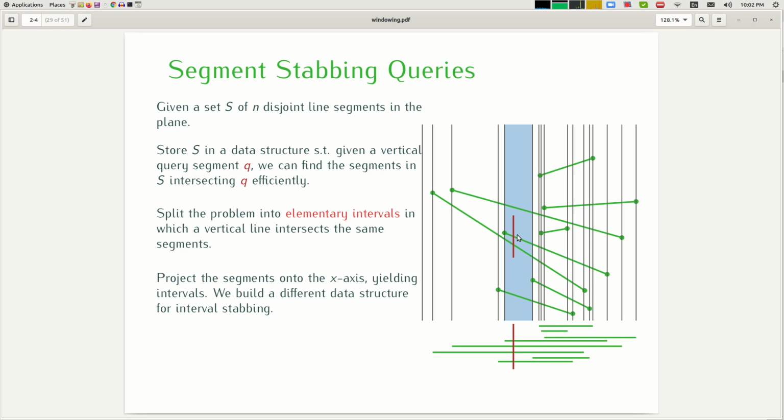To have a better understanding, we could project these segments onto just the x-axis and look at them as intervals. That's the first thing we do. What remains is to somehow build a data structure for interval stabbing. Think of them as just horizontal line segments, and now we want to find everything that intersects a vertical line segment.